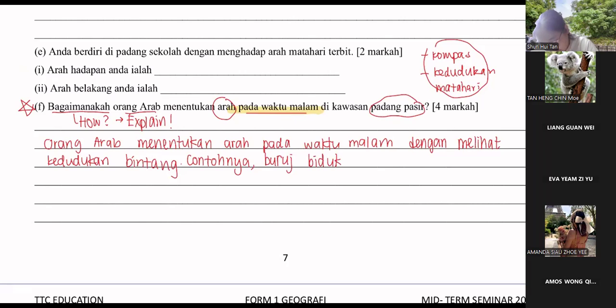Alright, the Polaris digunakan untuk menentukan, okay, menentukan what? Arah utara. Okay, by looking at the Polaris, you can find out which area is the utara, and from there you can find out the rest of the directions.